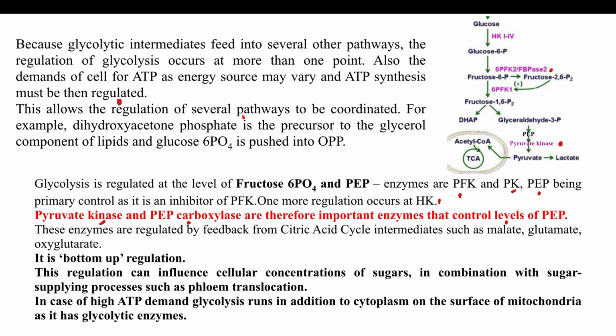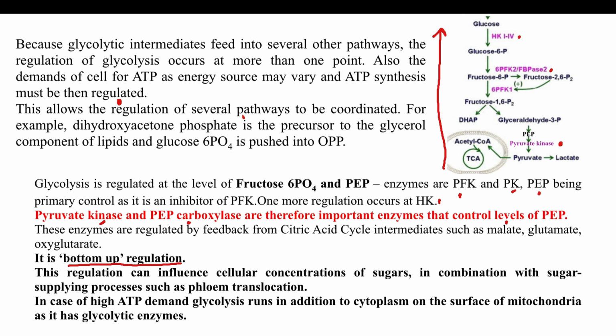Therefore, if we look at the regulation, we have to go back from the 9th step and move to the first. This is known as bottom-up regulation because you go from the bottom of the pathway upwards. If you have a large amount of ATP being produced by the cell, it is taken care of by the system of enzymes.